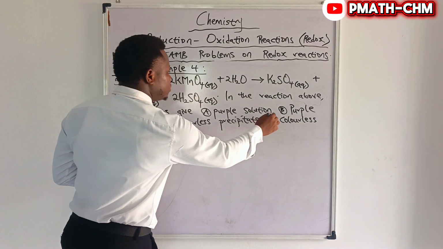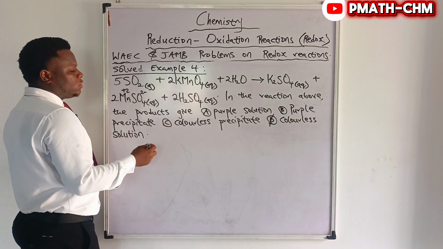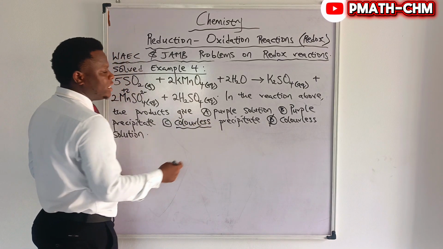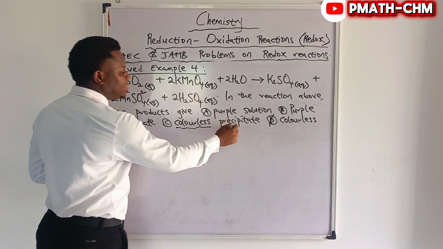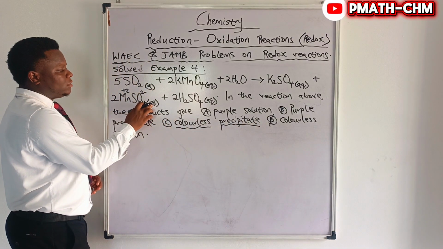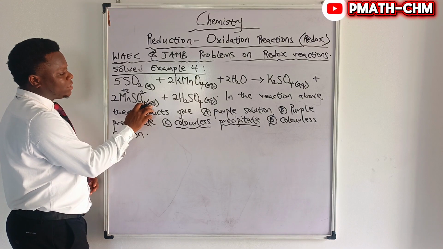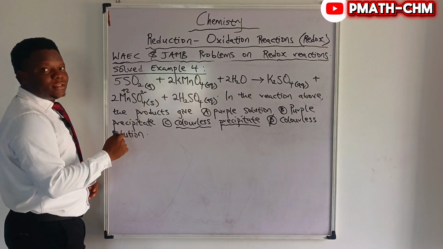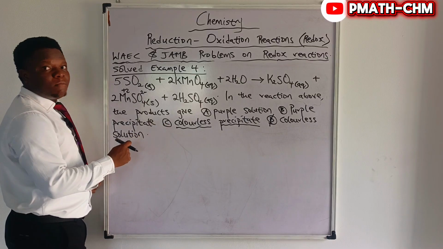Colorless solution, option D. Now, I know someone would say, this also has colorless in it, but why not this answer? The word precipitate means the state of that substance. Assuming what you see here is solid, if this was to be solid S, this would have been the answer.